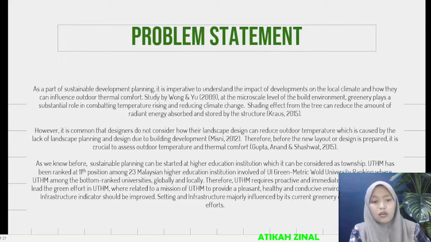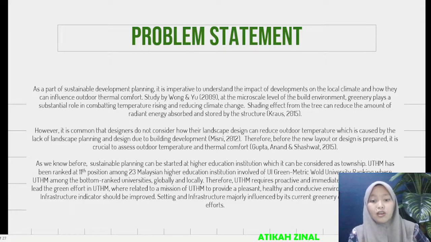As we know, sustainable planning can be started at higher education institutions, which can be considered townships. UTHM has been ranked 11th among 23 Malaysian higher education institutions involved in the UI GreenMetric World University Ranking, where UTHM is among the bottom ranked universities globally and locally.